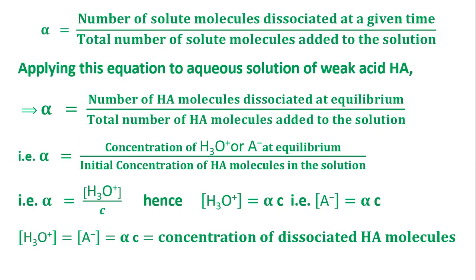So the concentration of dissociated HA molecules is nothing but equal to alpha C, as well as this alpha C indicates the concentration of A minus ions at equilibrium and concentration of hydronium ions at the equilibrium.